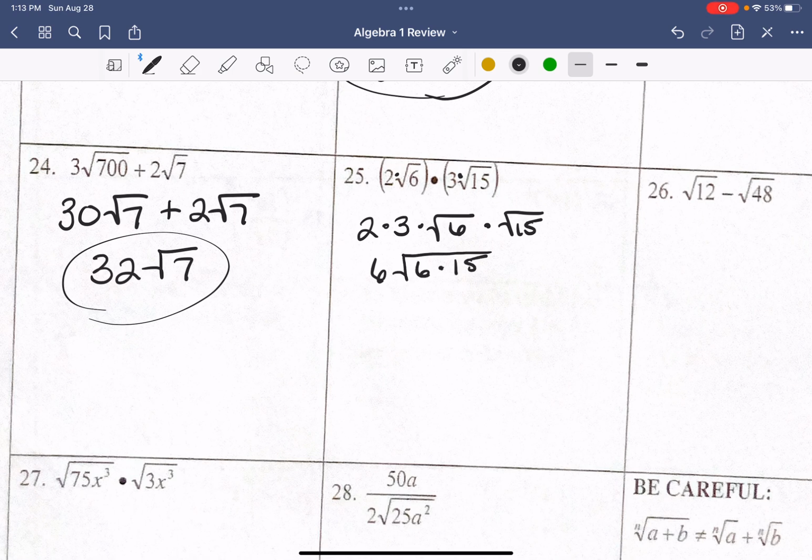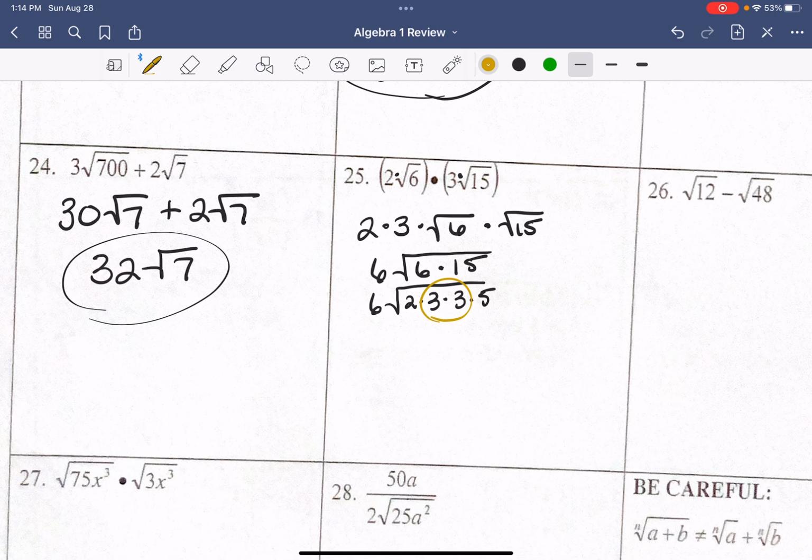If I can't find a perfect square here, what I'm going to look for are pairs of factors, and I'll show you what I mean. So the square root of 6 times 15, where 6 is 2 times 3, and 15 is 3 times 5. So now I've got this 3 times 3 here.